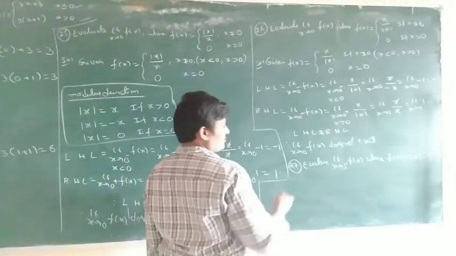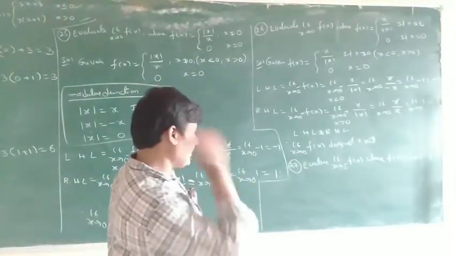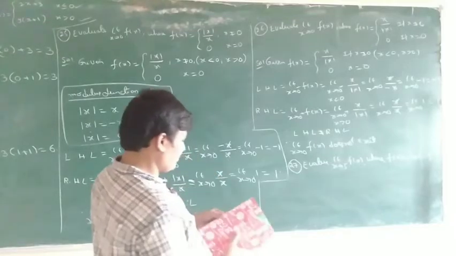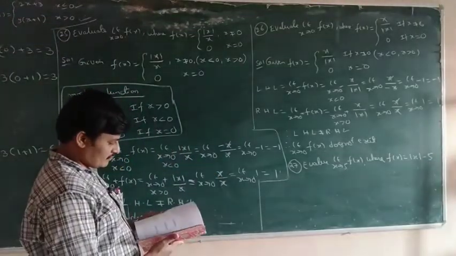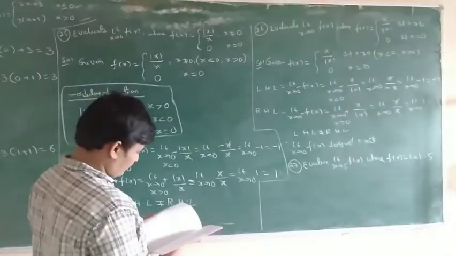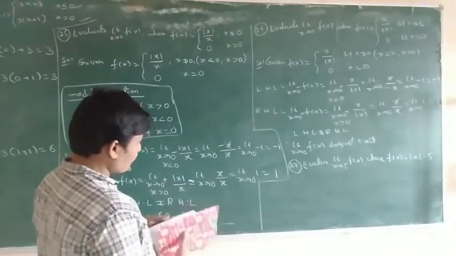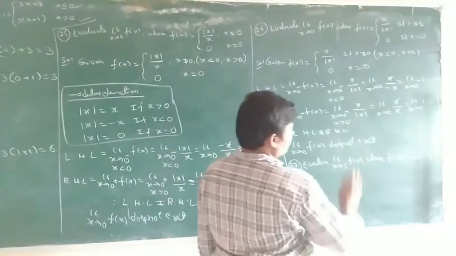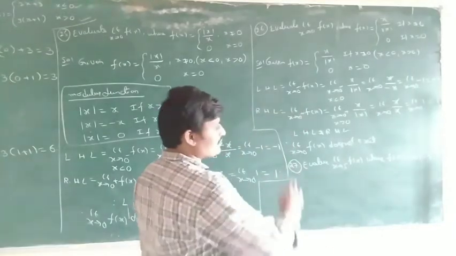This is a single function, so we can use direct substitution. This is direct, for x tends to 5.